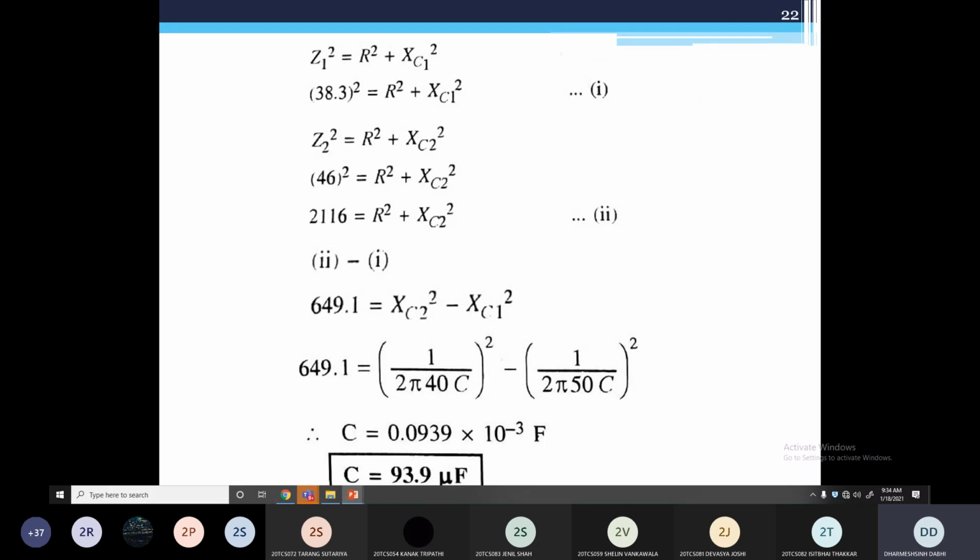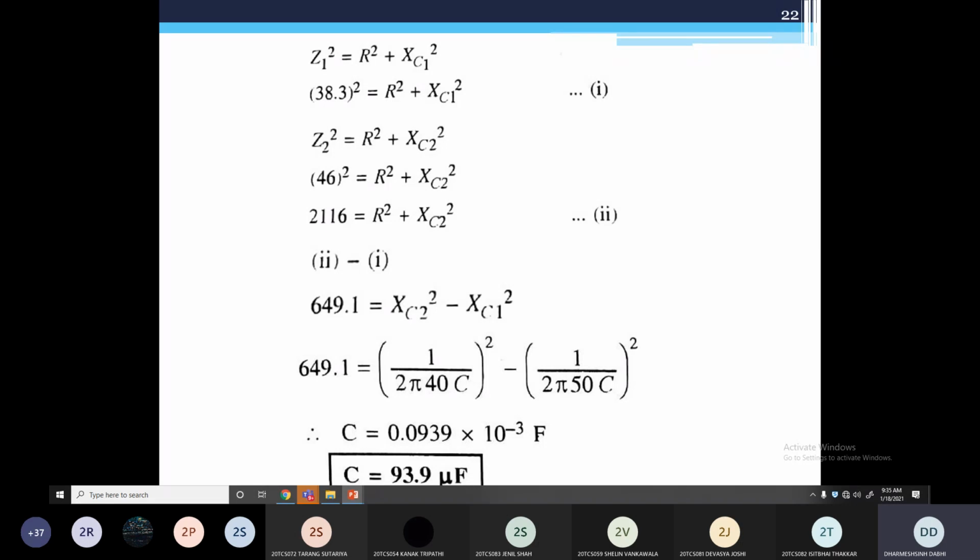You can use equation number 1 or 2 to get the value of R, resistance. Sir, 38.2. No. Yes, anyone can get this answer?